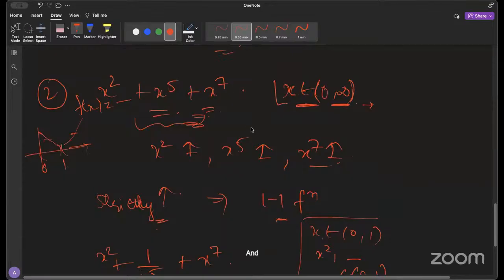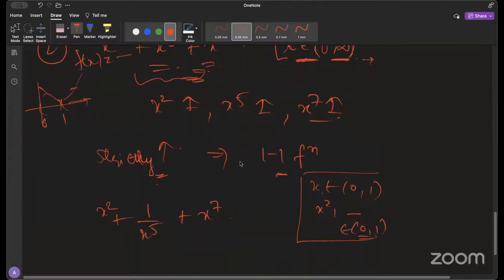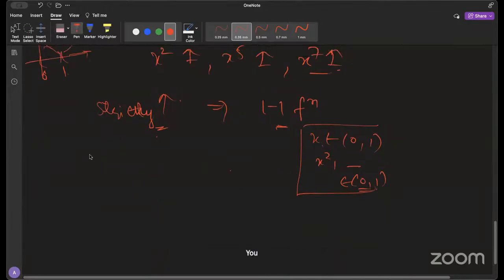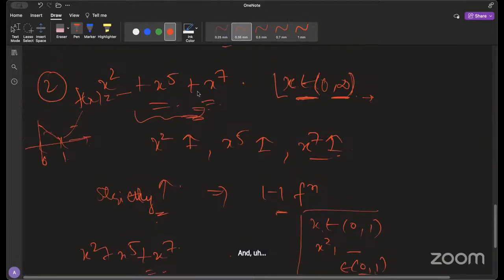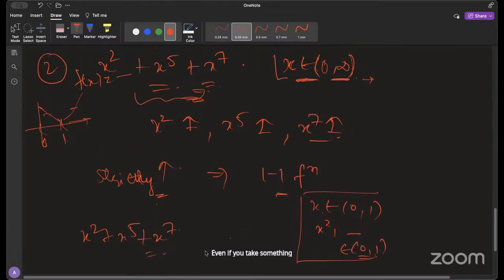You need to think about this in a little detail. If this is the function, it can still exceed 1. Even if you take something very close to 1 point something, this still turns out to be a huge number.